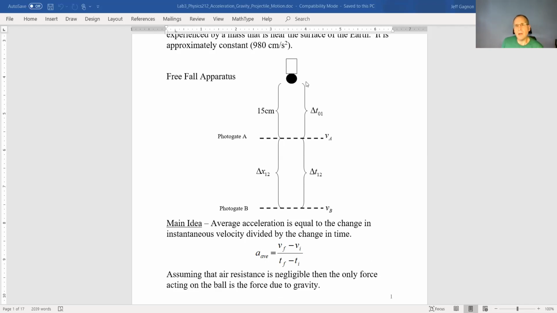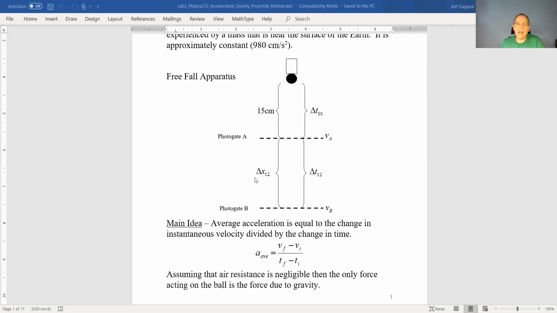So what you have is a ball dropper, with a little marble here. Then we have a photo gate placed 15 centimeters below the ball dropper, which we're going to call photo gate A. And we have a second photo gate, photo gate B, placed at some distance below the first. Actually, we're going to vary this, so there will be 5 different conditions.